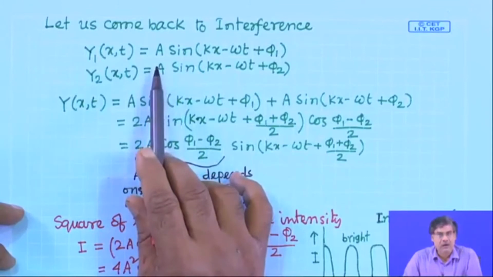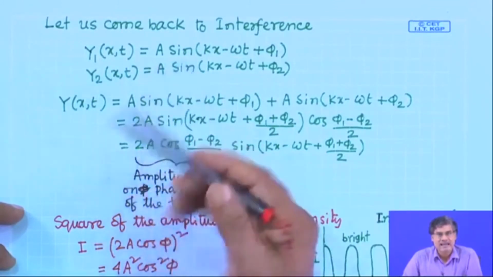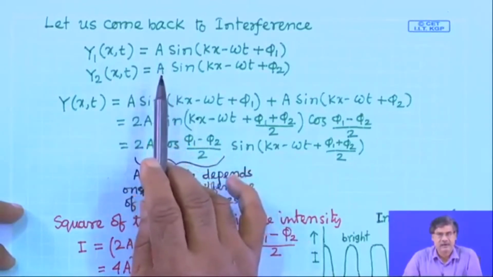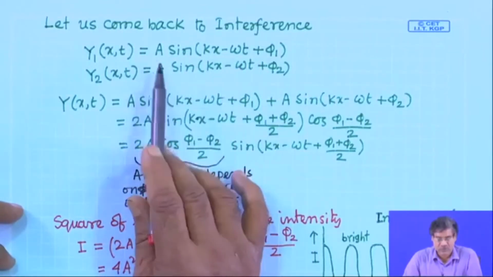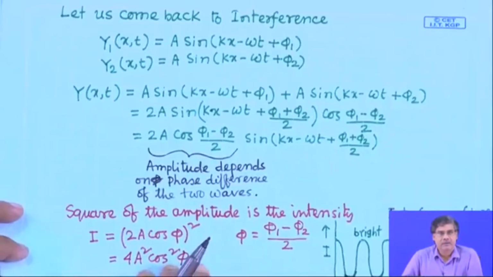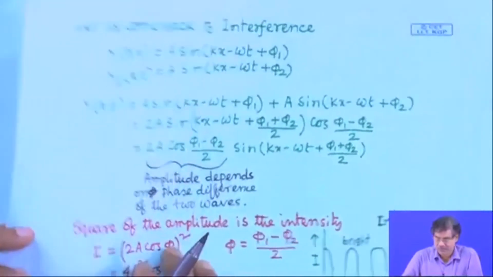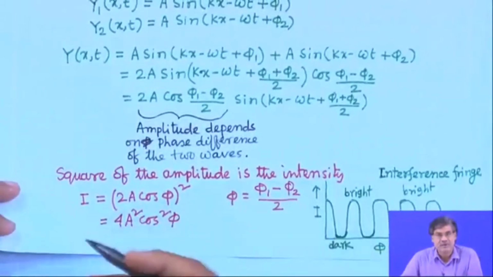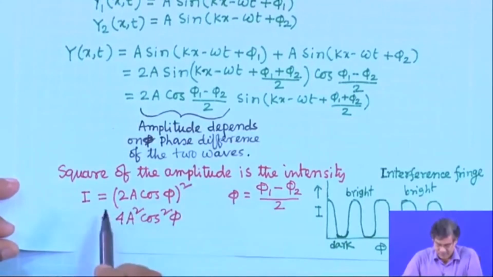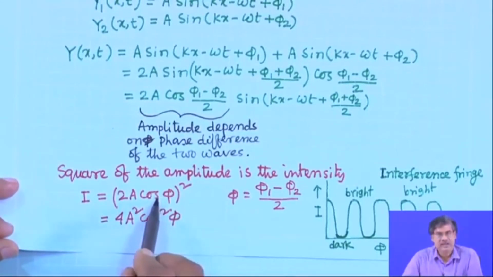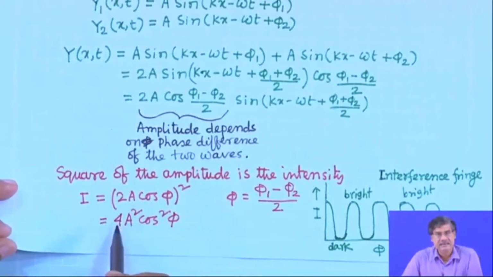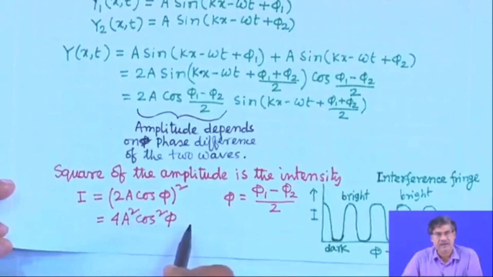So, if we add their intensities individually, it will be 2A square, whereas here it is due to superposition of the two, okay, it is an amplitude superposition, it is not intensity. So, their phase part is very important. So, the intensity is 4A square cos square phi.